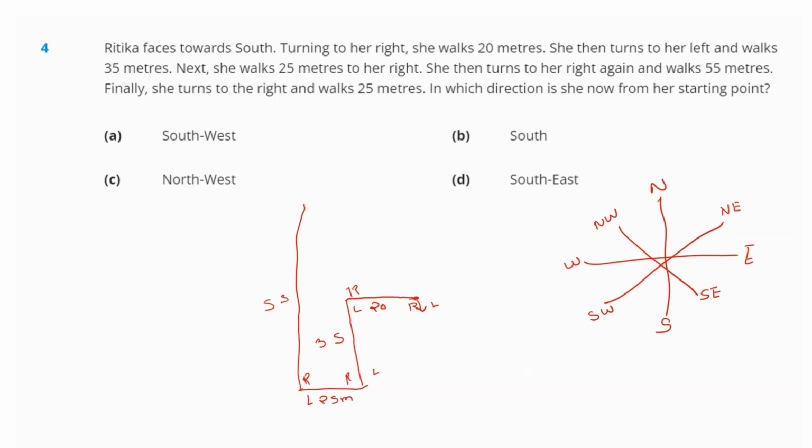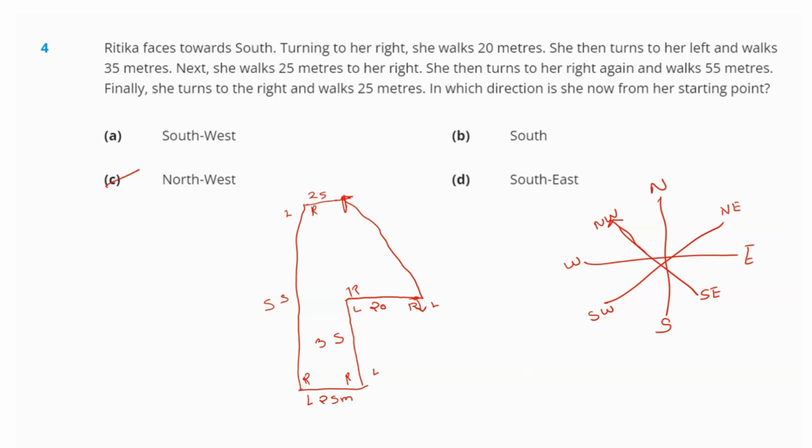So, this will be 55. Finally, she turns to her right. Now, this is her right, this is her left, and walks 25. So, this will be 25. And finish this direction. This direction is northwest. So, C is the correct answer.